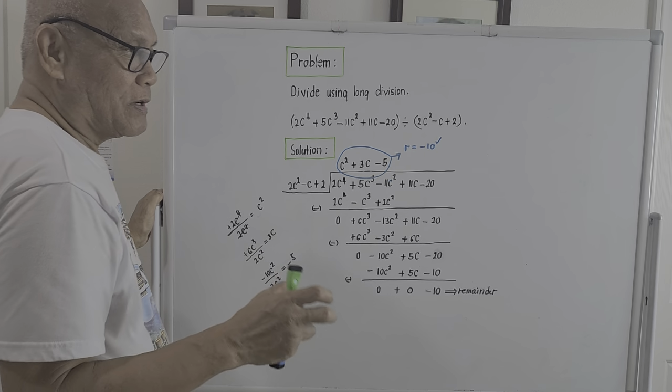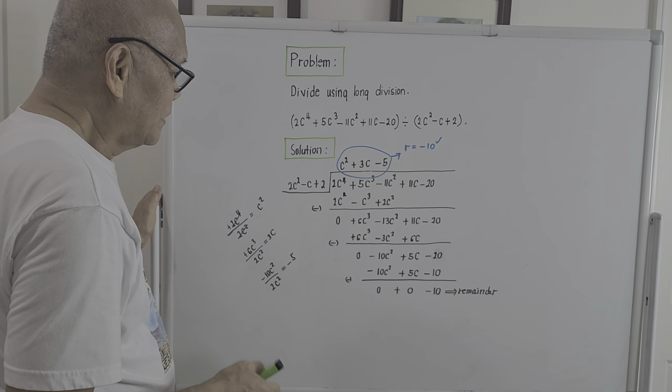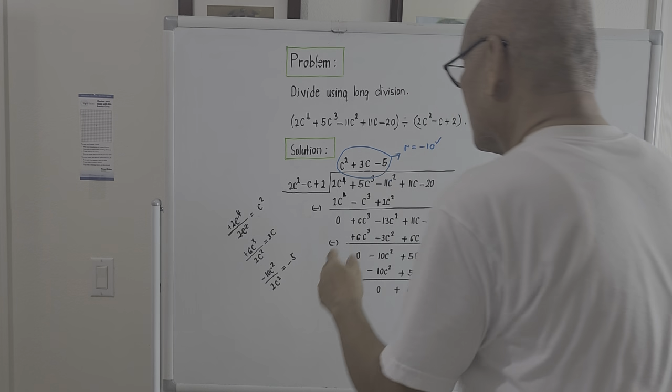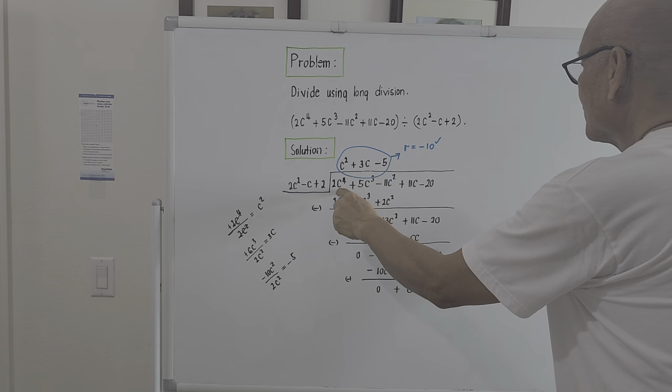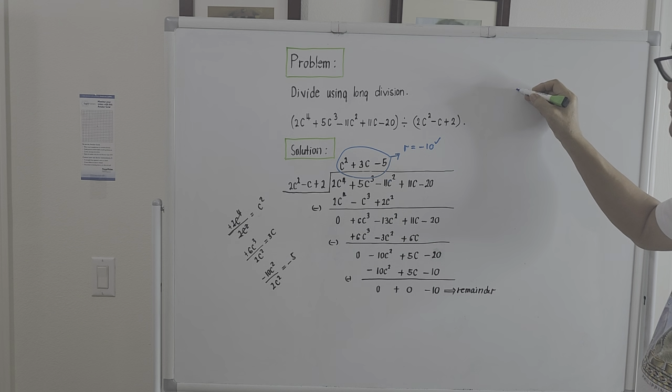The proper procedure on how to bring out the first partial quotient will be something like this. You take the first term of the first expression, which is 2c to the 4th.